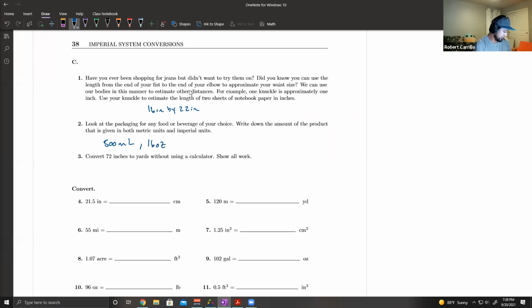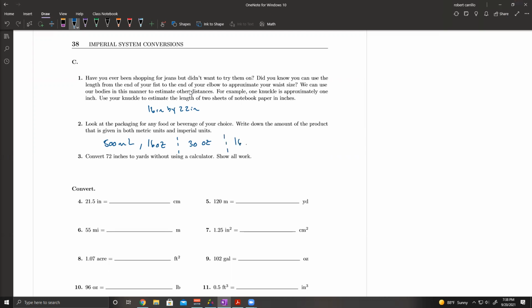Anybody else have anything fun around them? Got a 30-ounce cup. Does it say it in milliliters or no? No. It's made in America. I have a 16 fluid ounce body armor, and it's like 473 milliliters.